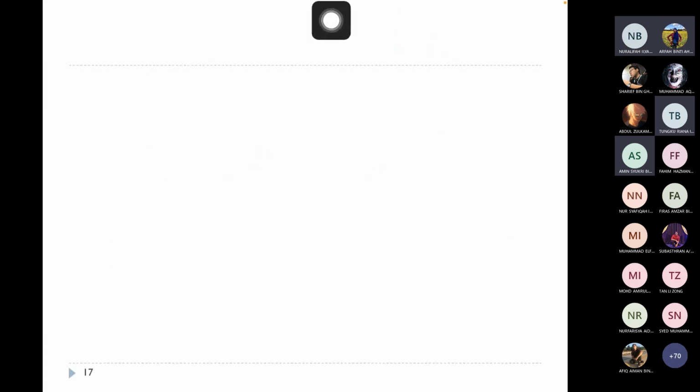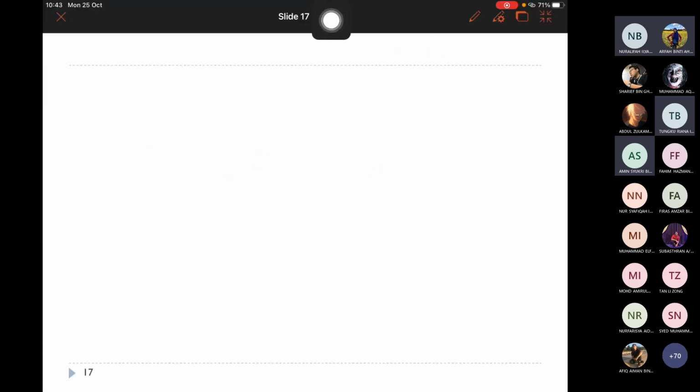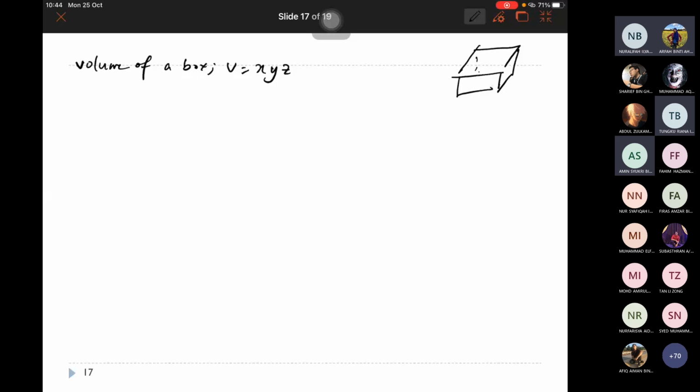So from here, saya tulis balik semua. Volume of a box, okay, V equal to X darab Y darab Z, by which this is your X, this is your Y, and this is your Z. So from here, we want to find delta V.